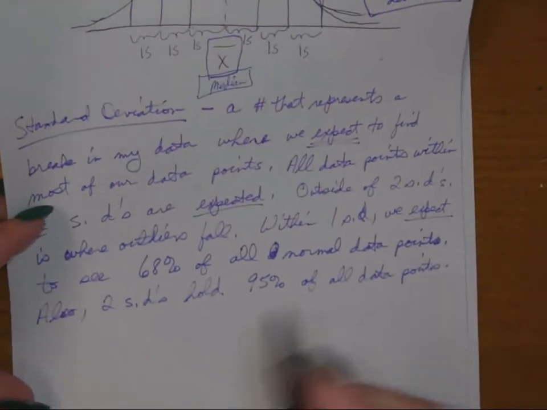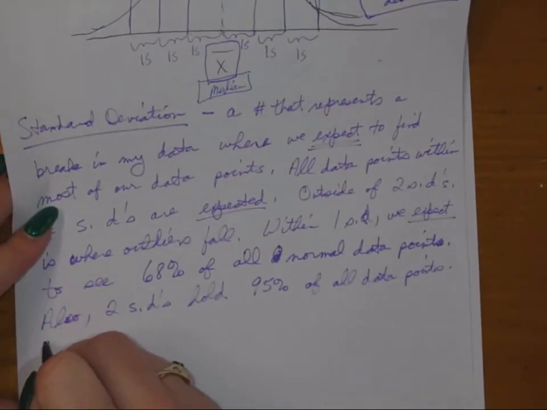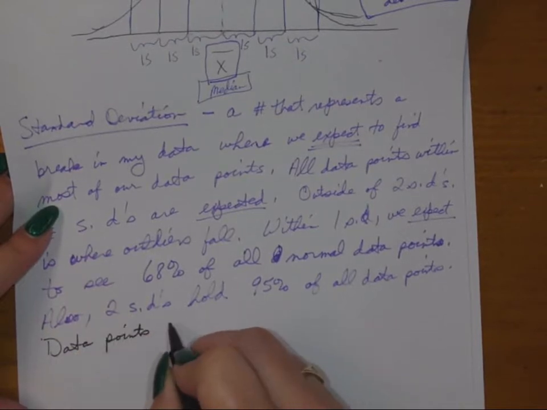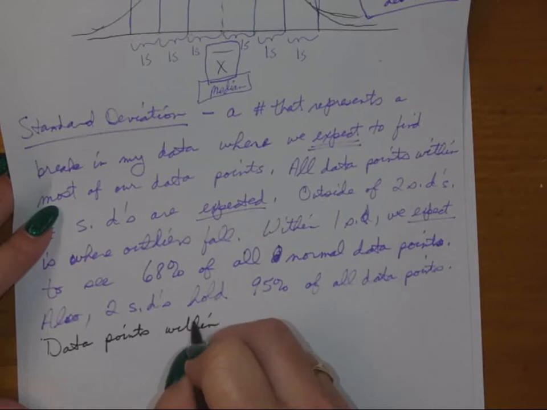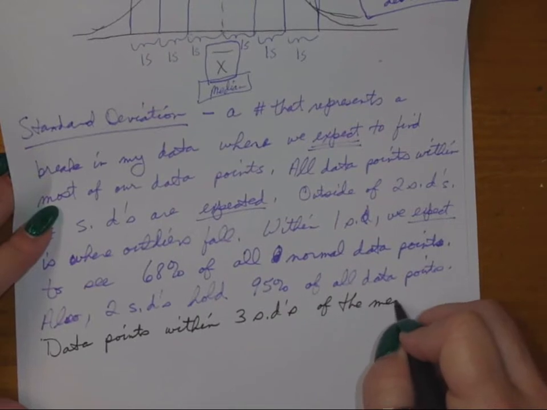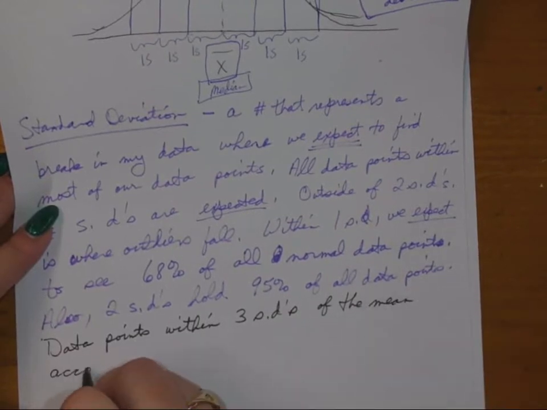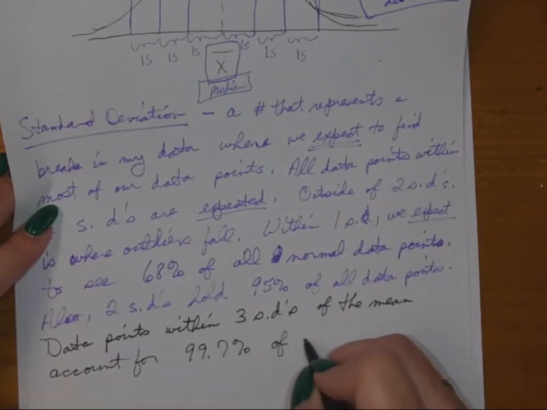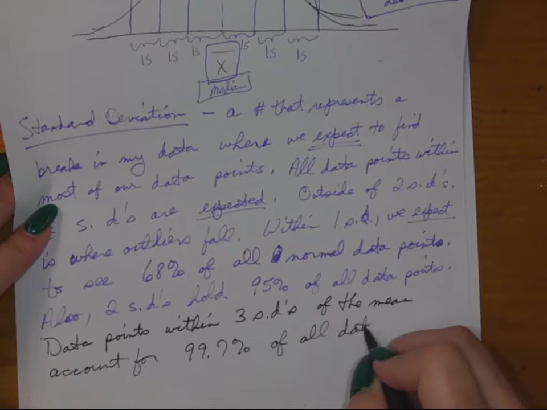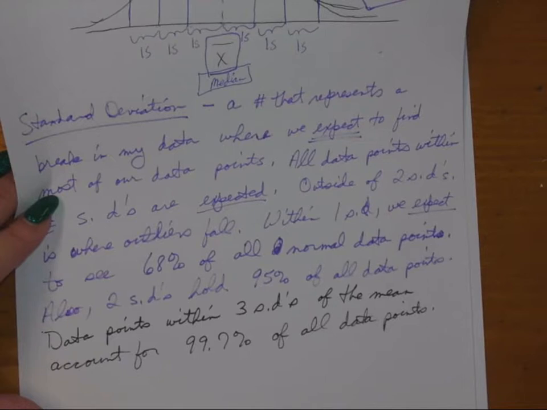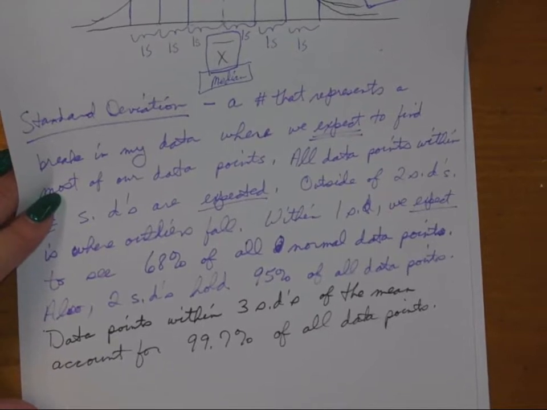So, data points within 3 standard deviations of the mean account for 99.7% of all data points in this set. Okay, so let's get that in there and make sure everybody knows. Within 3 standard deviations, we're talking about 99.7%.